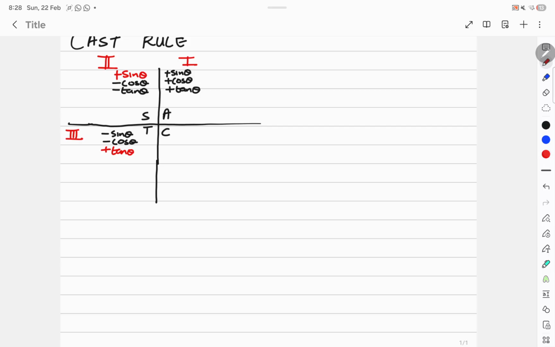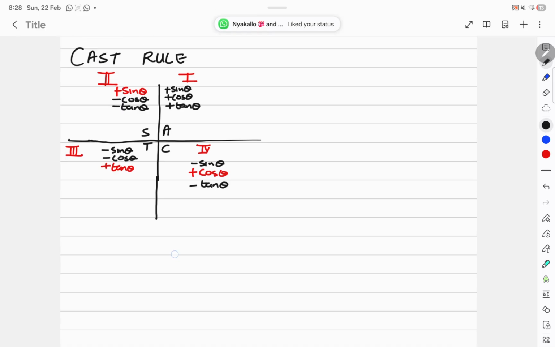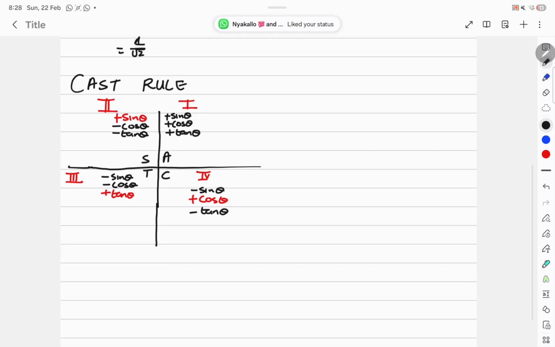We go to the fourth quadrant. The fourth quadrant, sine is negative, cos is positive, and then tangent is negative. That is the first thing that you need to learn.